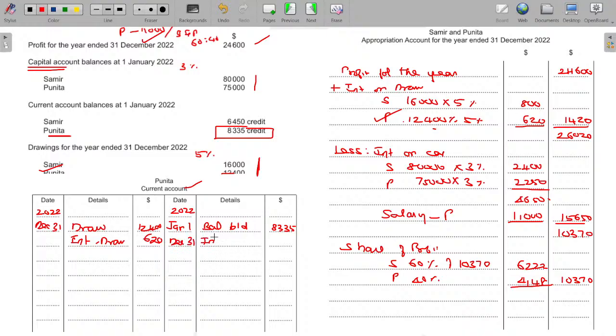December 31. For Punita, 2,250. And profit share 4,148. Apart from that, salary is also there. Salary to Punita 11,000.